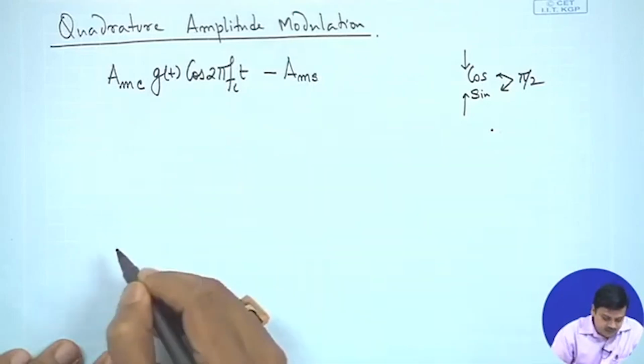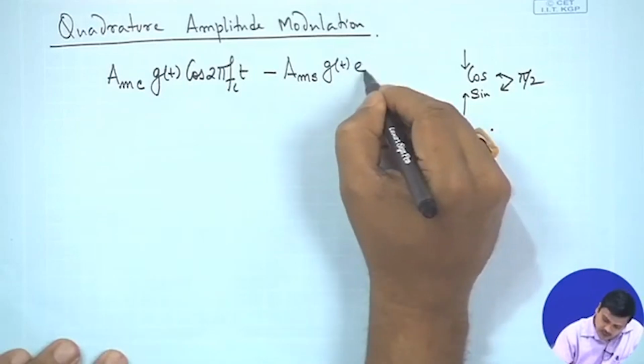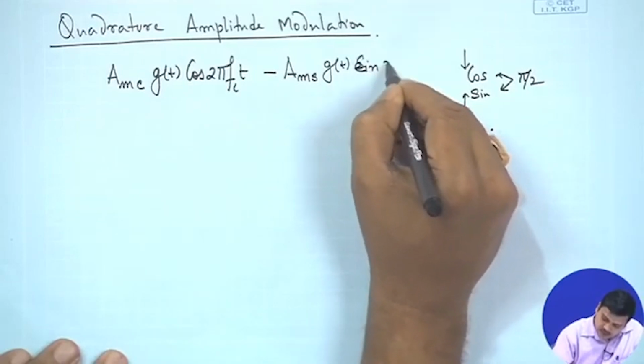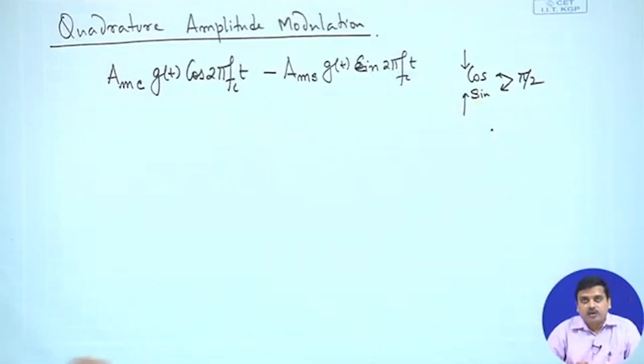That is why we have g(t) and sine 2 pi f_c t. You might recall a similarity with the expression of the low pass equivalent form that we had arrived at initially. There we also had x cos 2 pi f_c t minus y sin 2 pi f_c t.